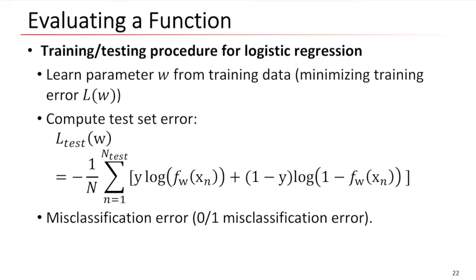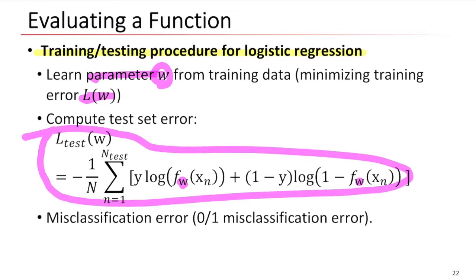In another case, like the logistic regression problem, we do similar things. Train the parameter W from the training set, or minimize the training error with a cost function, and then using the trained parameter W, we just compute the testing error using the logistic regression mapping function.